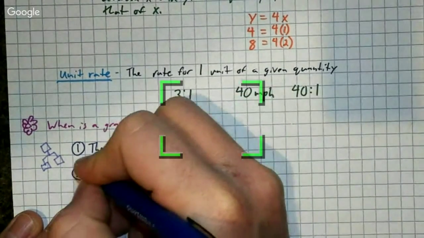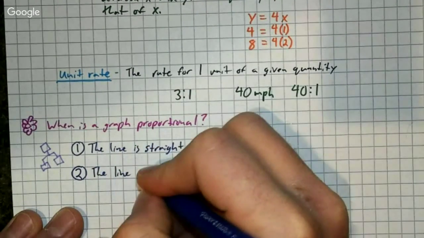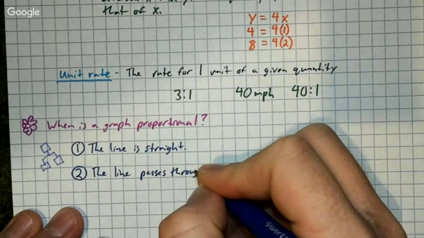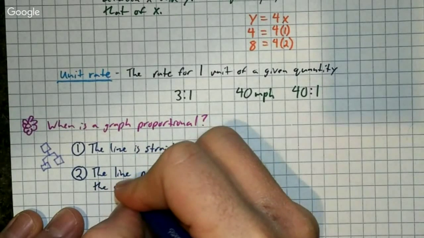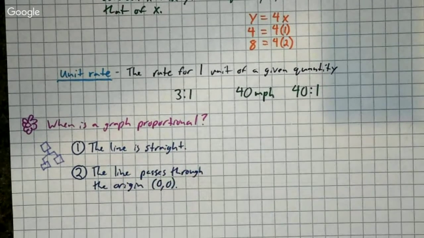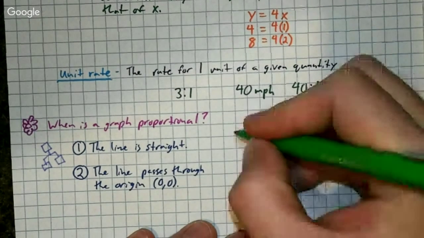Rule number 2, the line passes through the origin, which is 0, 0. X equals 0, y equals 0. So those are the 2 rules you need to look for when you are determining whether a graph is proportional or not. I'm going to write a few example graphs out, and we're going to decide which ones are proportional and which ones are not.